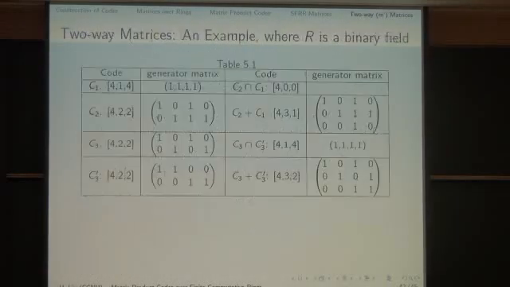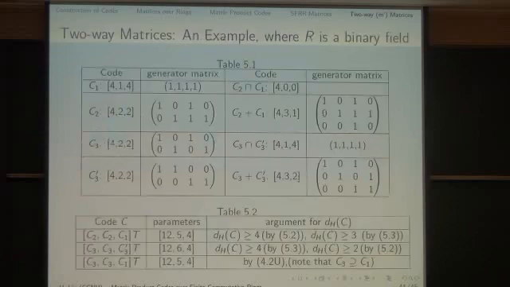Now we just want to show an example. We can take four codes, and by using the four codes, we can construct the intersection and the direct sum, and give some more information about the constructed codes. So by using our results, if we choose C2, C1, and T is a matrix related to the Turyn construction.